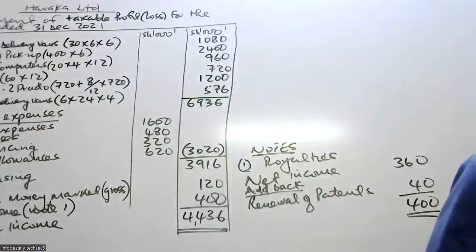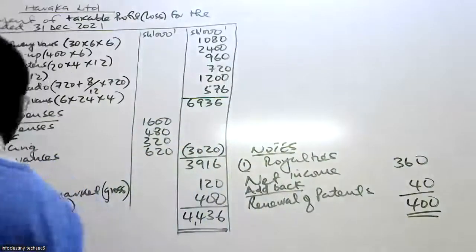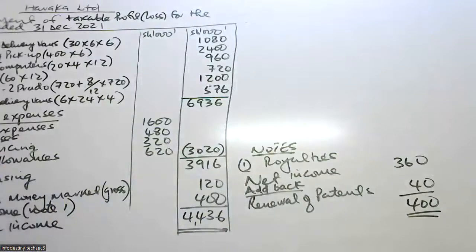Tax payable by Haraka Limited for the year. Let's say corporation tax. Corporation tax liability will take 44,36,000.